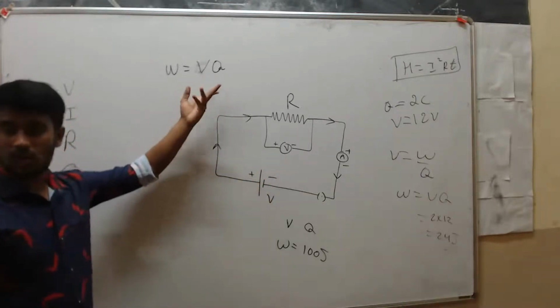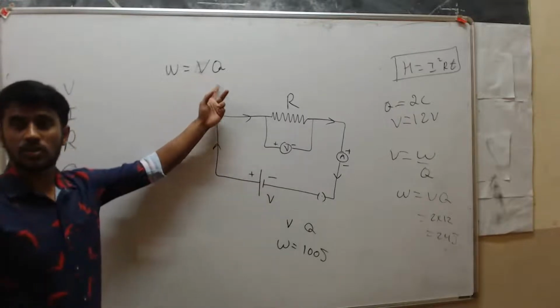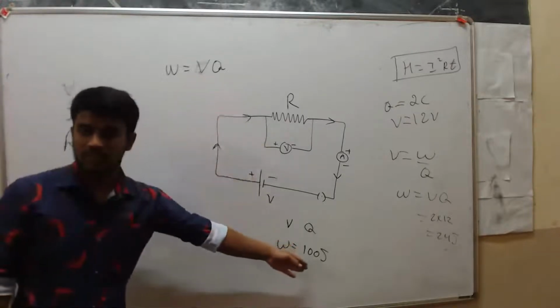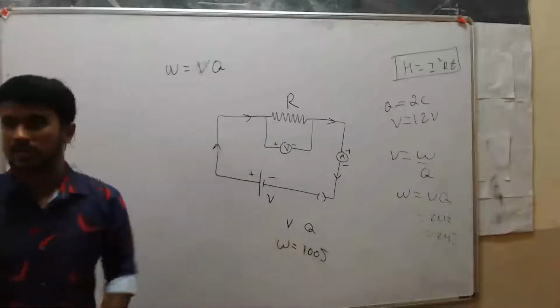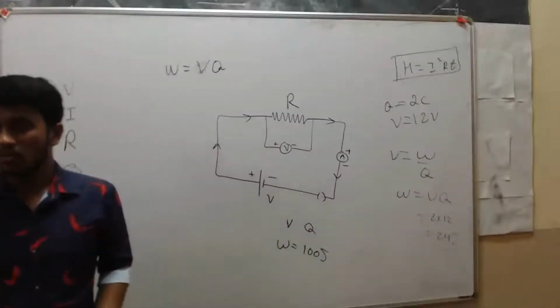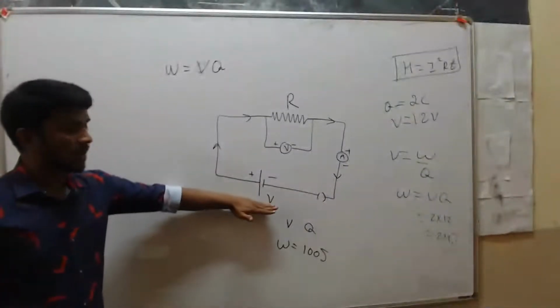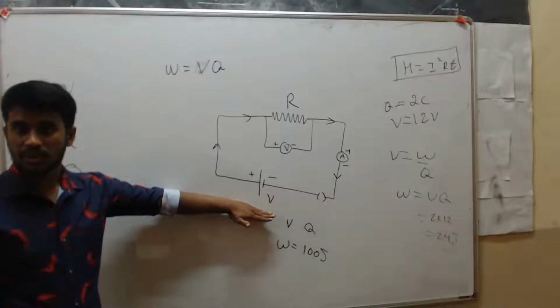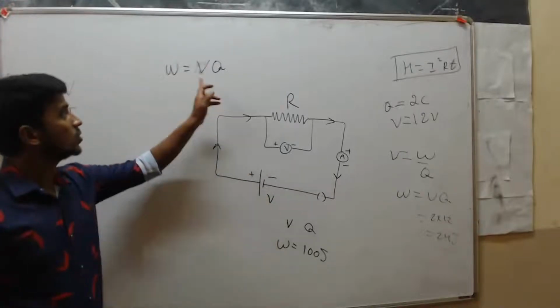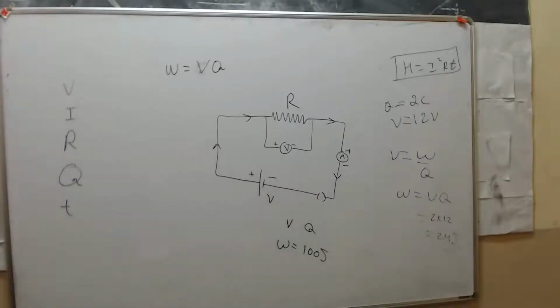Since I don't know the values, we use V into Q. If you get values like this, then clearly you can say 100 joule or 24 joule of work is required. But here I don't know whether it is 1 joule, 2 joule or 3 joule. This battery should supply energy, and that energy should equal V into Q. Clear?